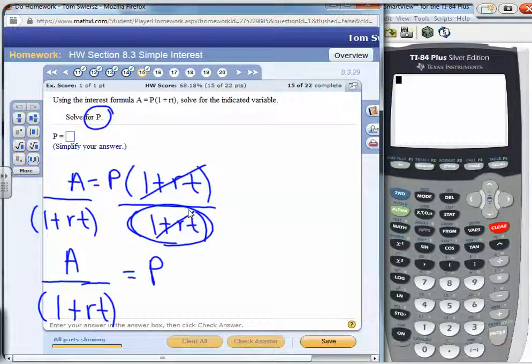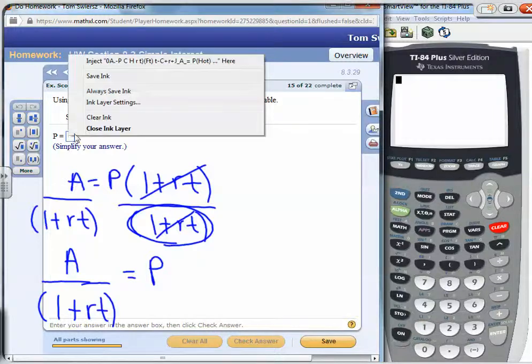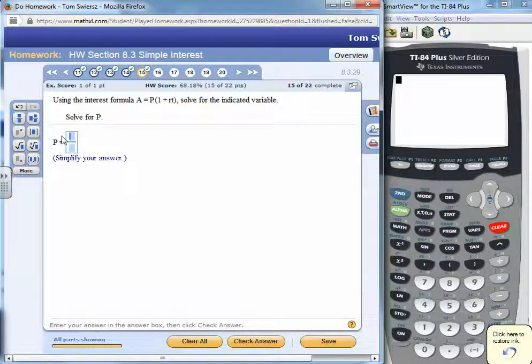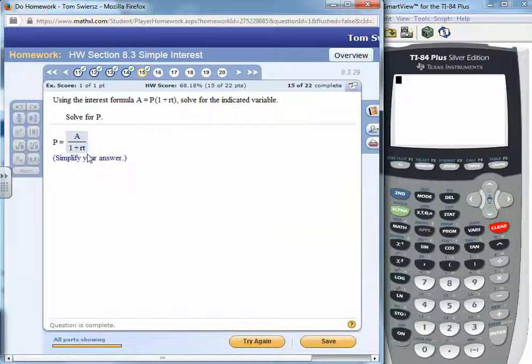So you can put it in as one entire fraction. A in the numerator, and 1 plus RT in the denominator.